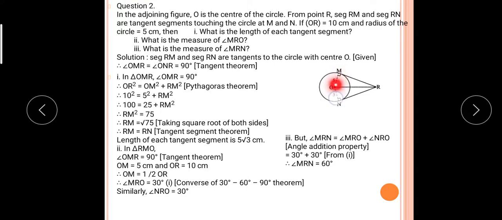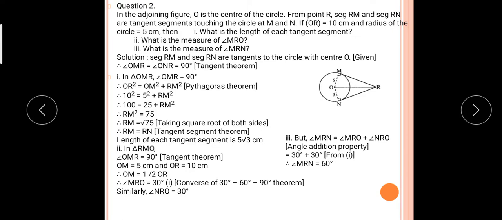If one side of a triangle is half of the hypotenuse, then the angle opposite it is how much? 30 degrees, according to the converse of the 30-60-90 theorem.